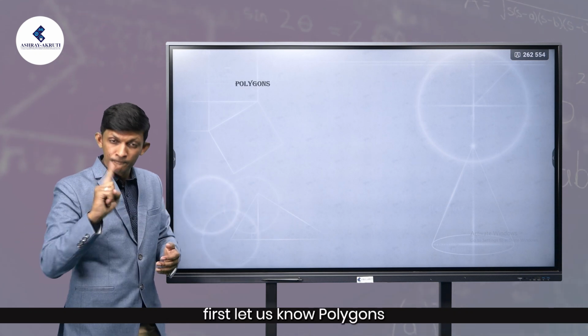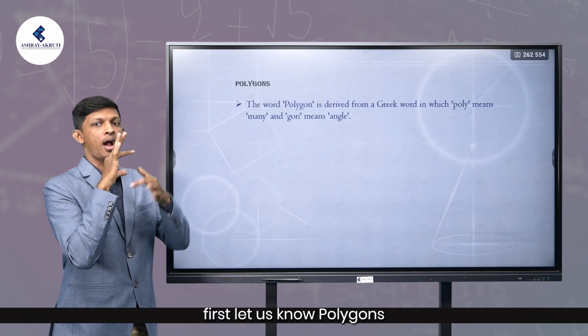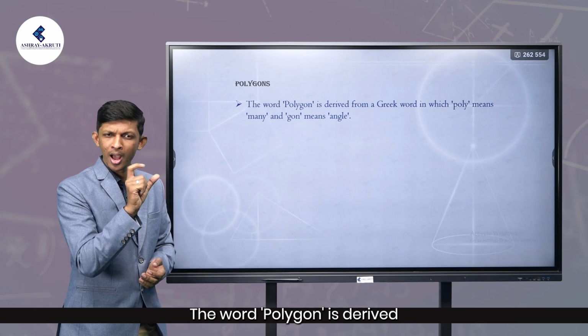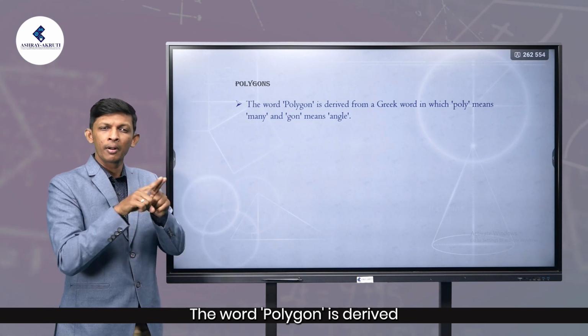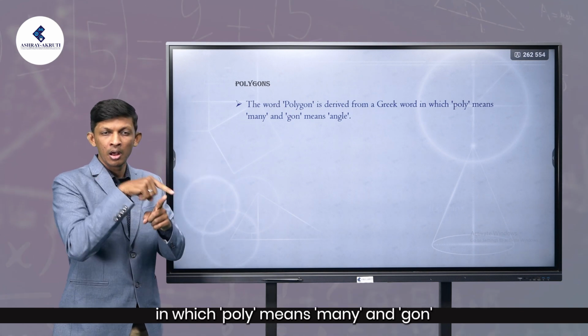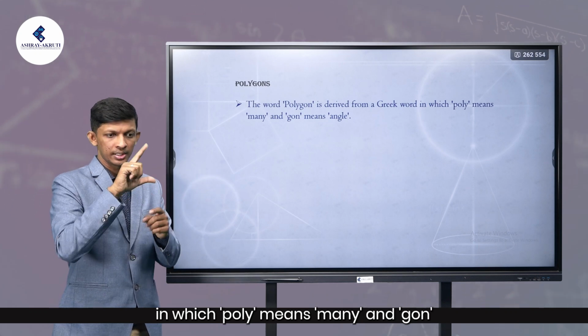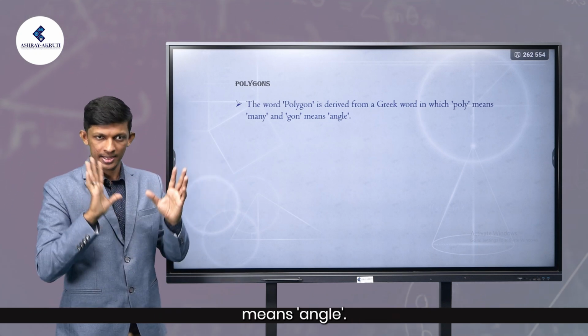Children, first let us know polygons. The word polygon is derived from a Greek word in which poly means many and gon means angle.